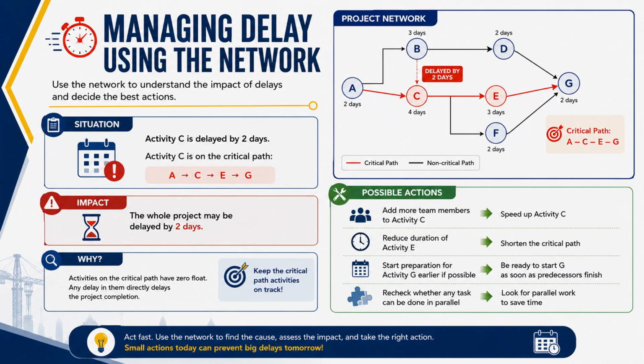In this situation, the project manager may need to take corrective actions. Possible actions include adding more team members, reducing the durations of the next activities, doing some tasks in parallel, or revising the schedule. The network diagram helps the project manager understand the impact of the delay and choose the best actions.